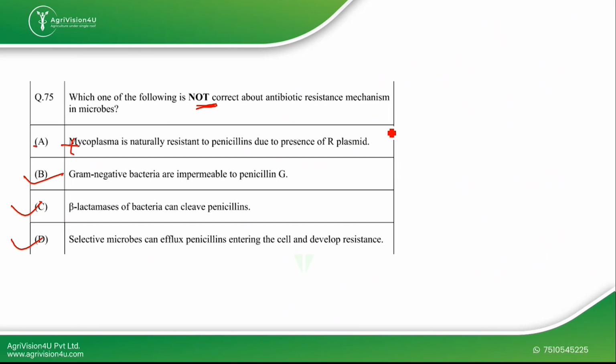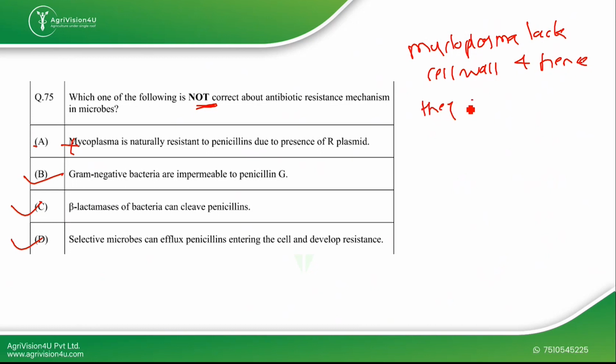Why is it wrong? Because basically mycoplasma lacks a cell wall, and therefore they are inherently resistant to beta-lactam antibiotics.